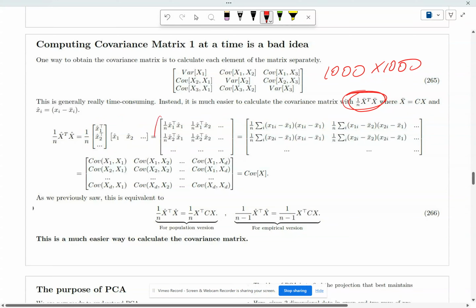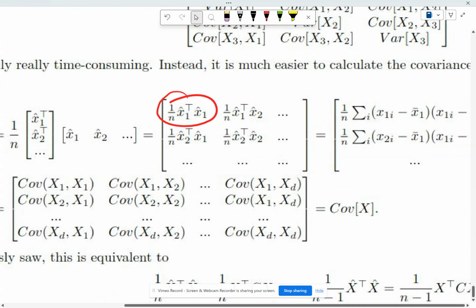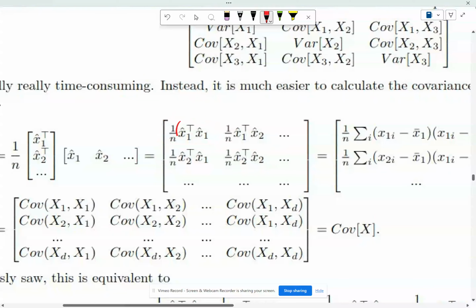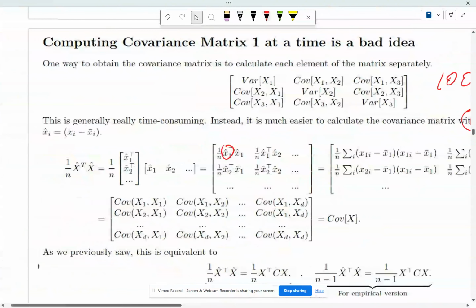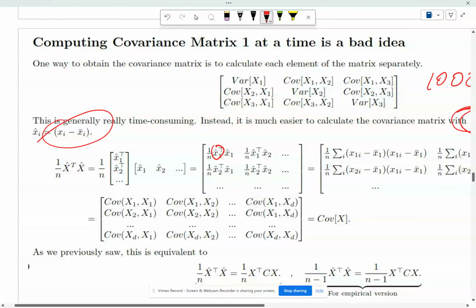Now let's do the outer product. If you do the outer product, it will look something like this. Let's further divide this up. This with the hat, remember I told you, means it's already subtracting the mean. So this is equivalent to the summation of this, because when you take the inner product, it is equivalent to summation.